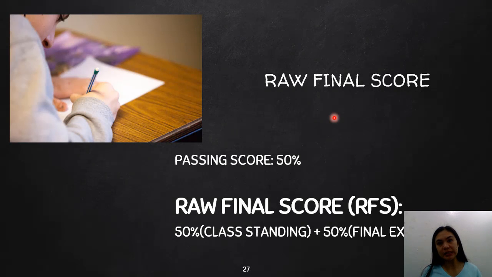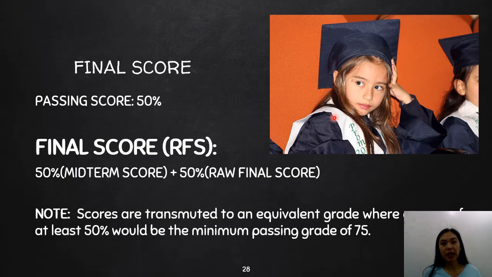And for the final score, it's the same thing, 50% of the class standing and 50% of the final exam score, so that you can calculate your final score, which is 50% of the midterm score plus 50% of the raw final score. So please take a look at the note here.